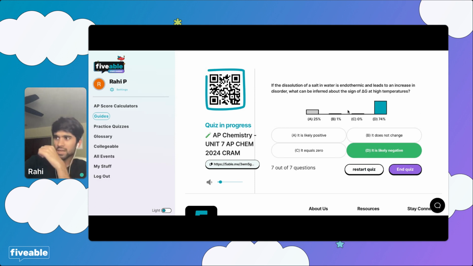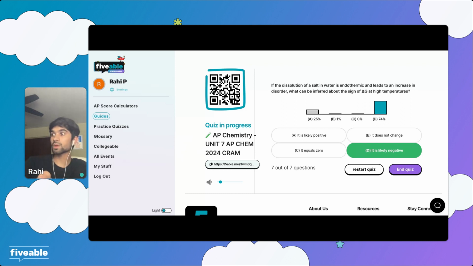Okay. Perfect. It's likely negative. Most of you guys got that right. I'll talk about this one real quick. What's the Gibbs free energy equation? Delta H minus T delta S equals Gibbs free energy, with delta H being the enthalpy, delta S being the entropy, and T being temperature. Endothermic means a positive delta H. Increase in disorder means delta S is also positive, because it's final entropy minus initial entropy, a large number minus a small number.